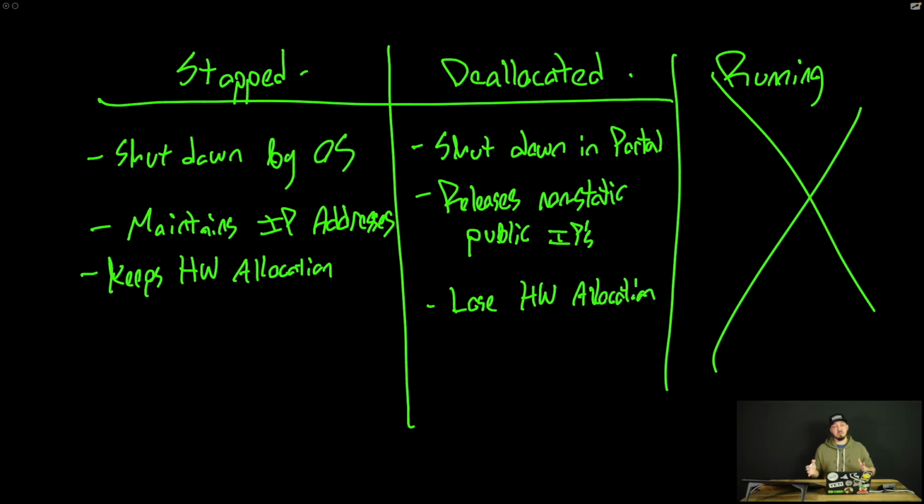So what's the big difference between these two? What is the whole point of this video? Well, when we have deallocated, we don't have to worry about compute cost. Now, we still have to pay for storage and that sort of thing, but not the actual compute cost. With stopped, compute cost is a thing.